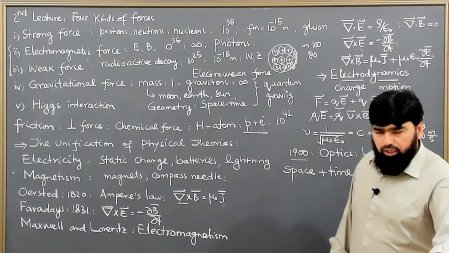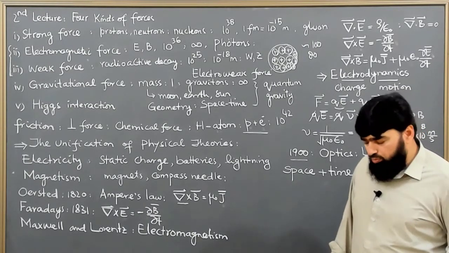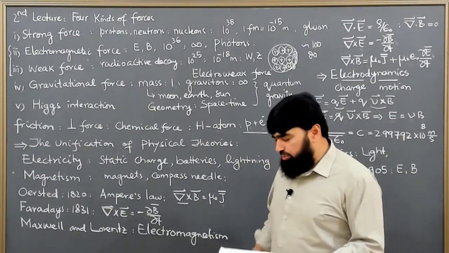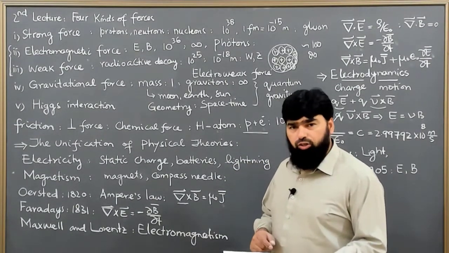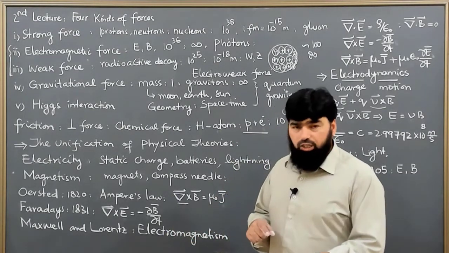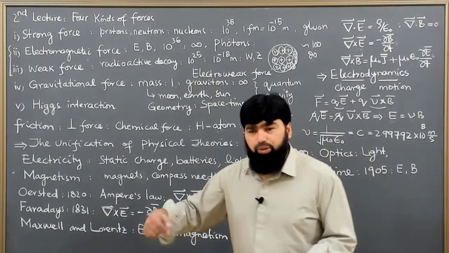But to another observer who is stationary outside, I'm moving with respect to that observer. To that observer, I'm not an electric field but a magnetic field, because I am a moving charge, and a moving charge is called current. So current will have its magnetic field.